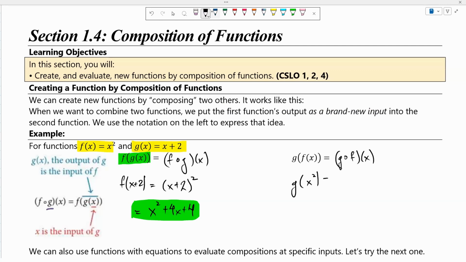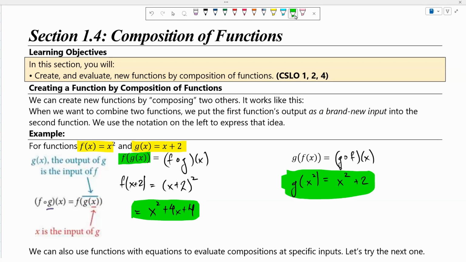Now I'm going to stick all of this into g. When that happens, it's going to be x squared plus 2. There is no simplification needed at this point. That's it.